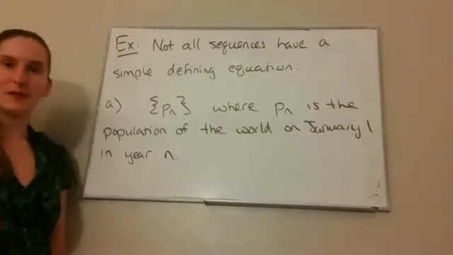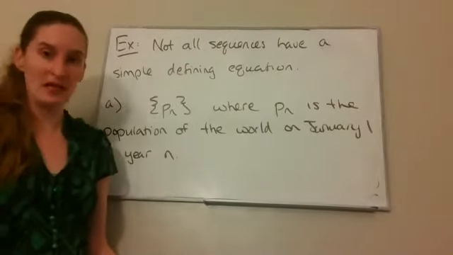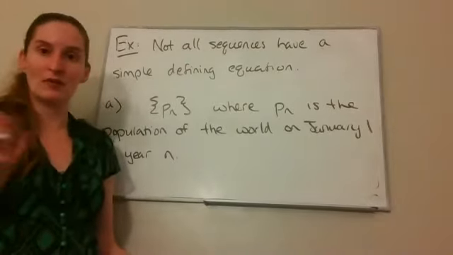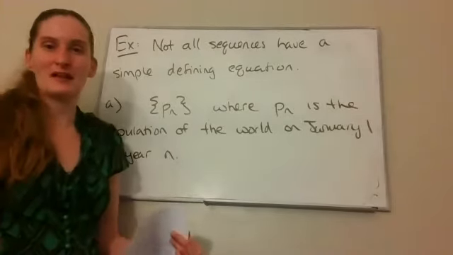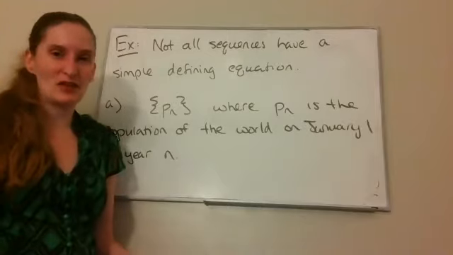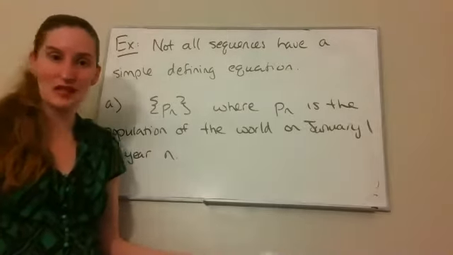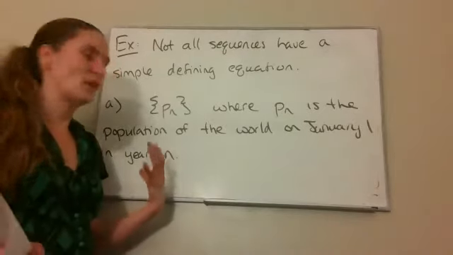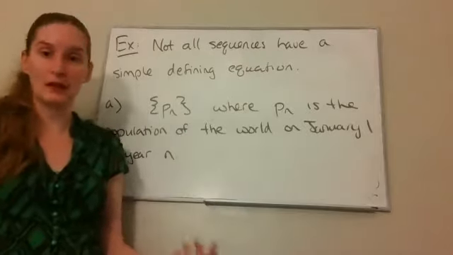So there's going to be a specific order to this list of numbers because I'm increasing in time. Each year I would have a new number to have in my population sequence. But you can't expect there to be a nice pattern to it. Population is going to vary depending on the births and deaths in that particular year. And there's no way to come up with a nice formula that's going to represent the sequence for every single year.